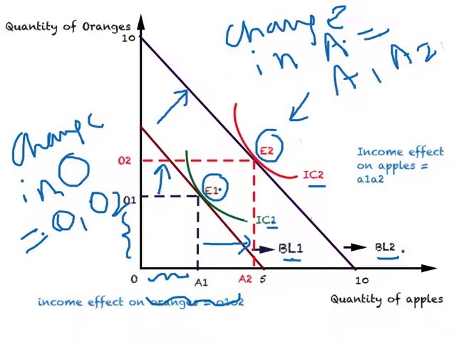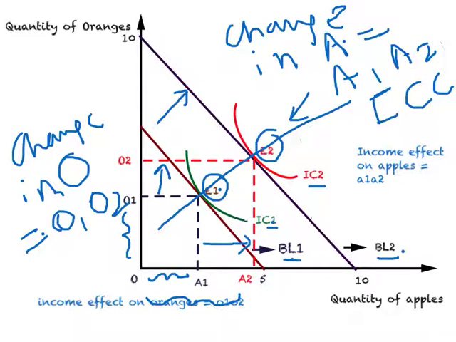And when we join equilibrium points like E1, E2, what we get is an income consumption curve. I'll define it in the next slide.